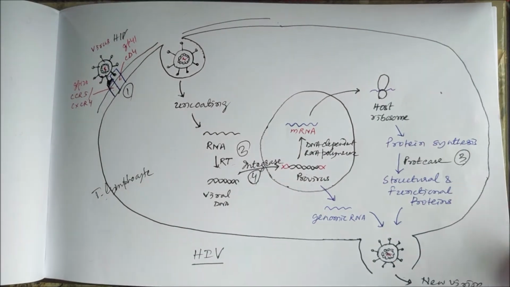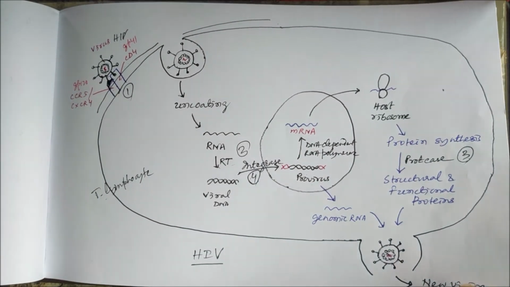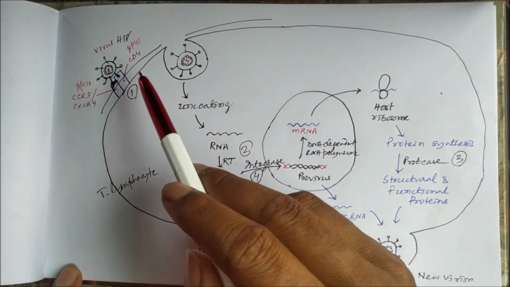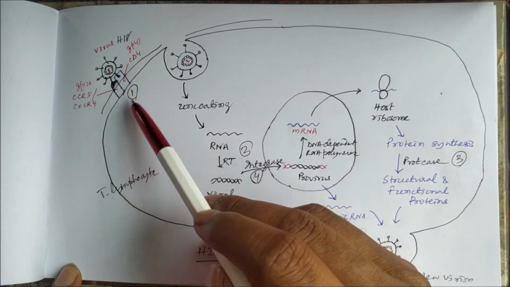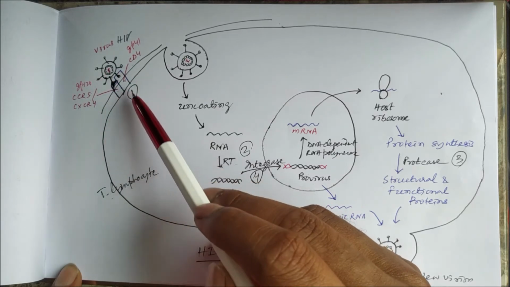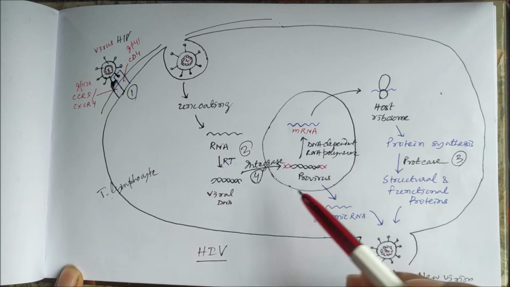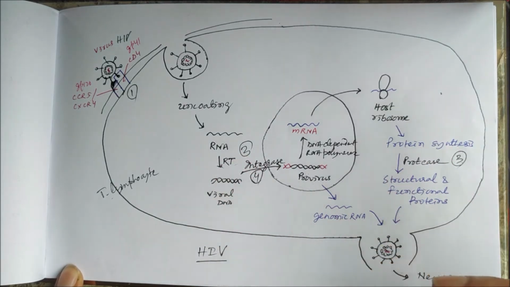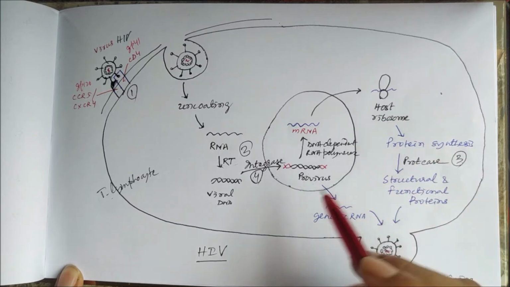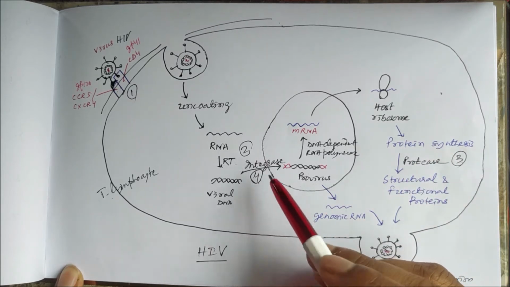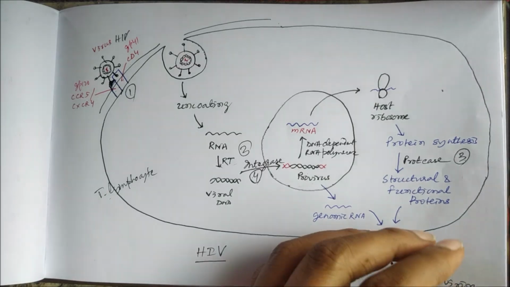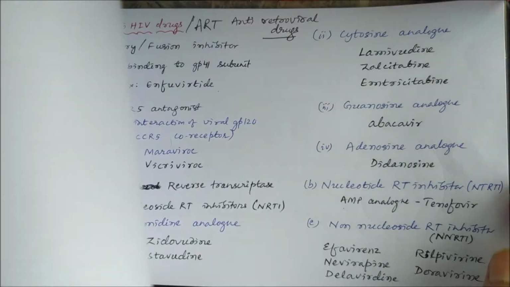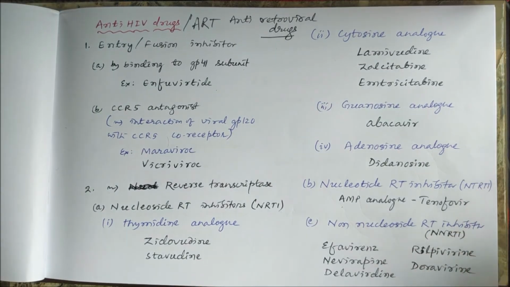So the drugs used in HIV can be: number 1, drugs which inhibit entry or fusion of the virus; number 2, inhibit reverse transcriptase; number 3, inhibit protease; number 4, inhibit integrase. And we can see the classification now.